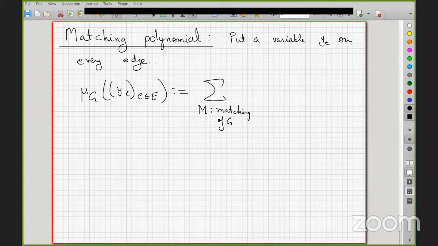Everyone knows what a matching is, right? Not perfect, it's arbitrary. Just any collection of edges, no two of which share a vertex. That's it.